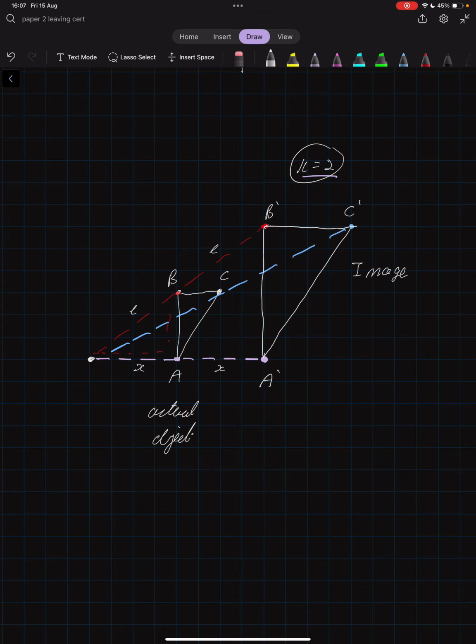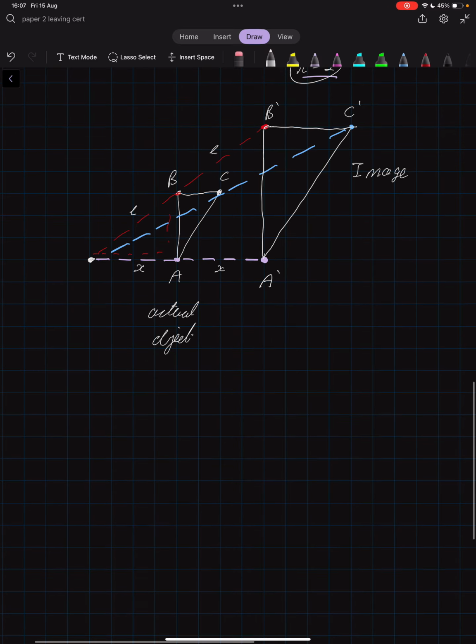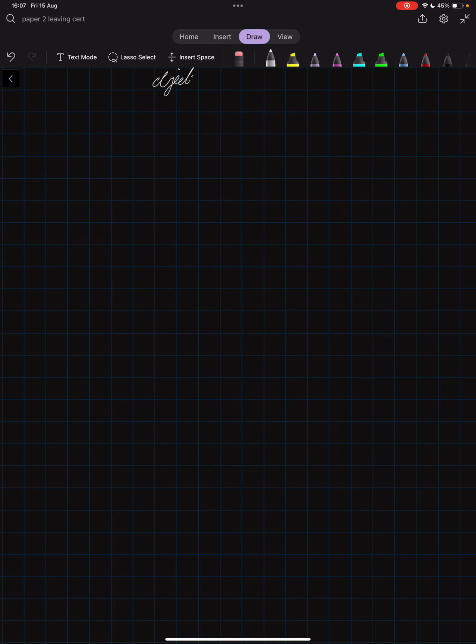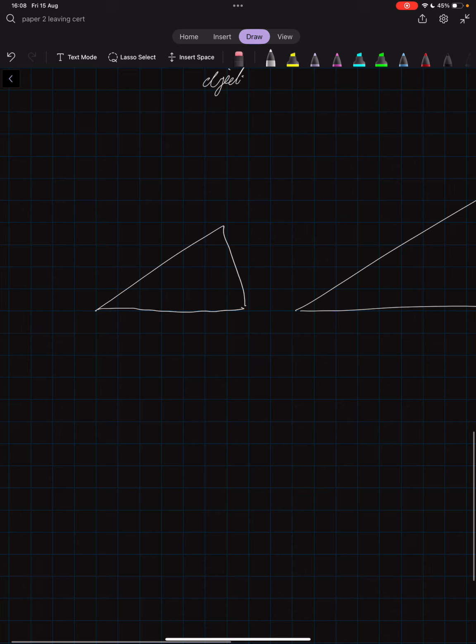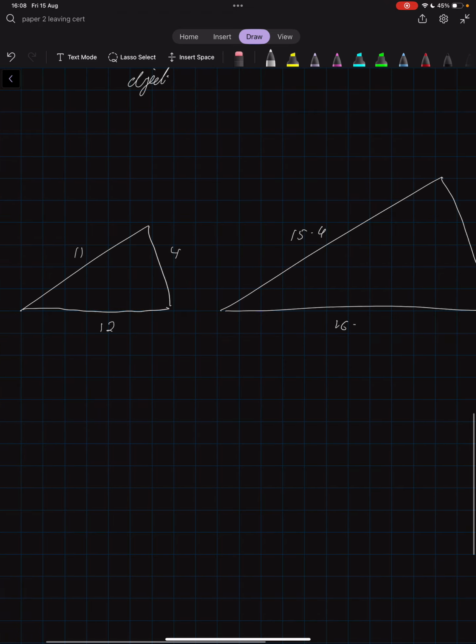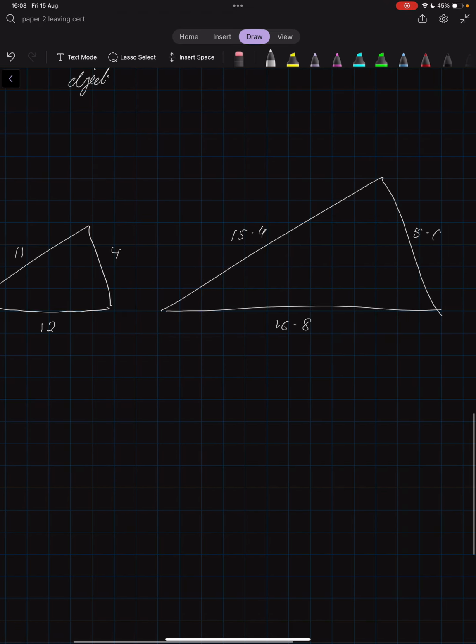All right. And now with the enlargements basically, so let's say I tell you that this is one object. This is a bigger version of it. And it's 11, 12, 4, 15.4, 16.8, and then 5.6.